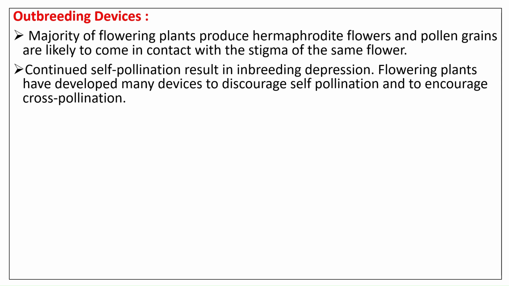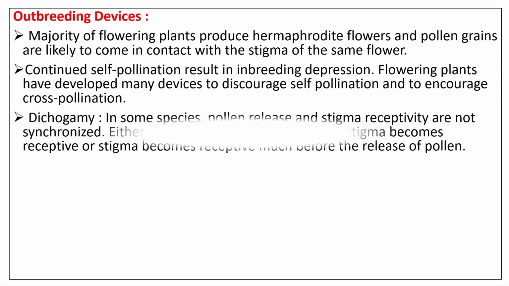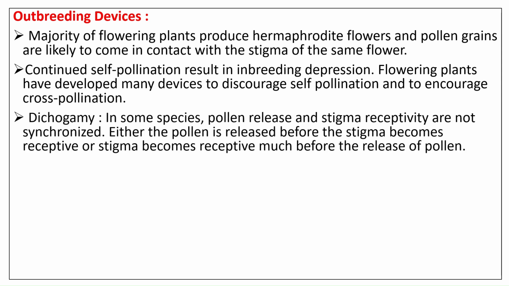Flowering plants have developed many devices to discourage self-pollination and to encourage cross-pollination. Dichogamy. In some species, pollen release and stigma receptivity are not synchronized. Either the pollen is released before the stigma becomes receptive, or the stigma becomes receptive much before the release of pollen.